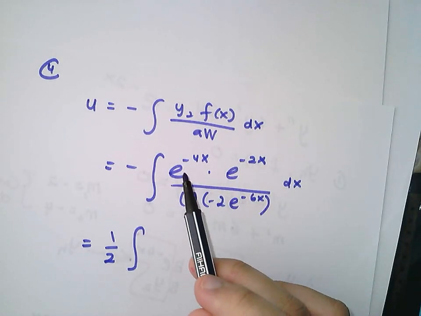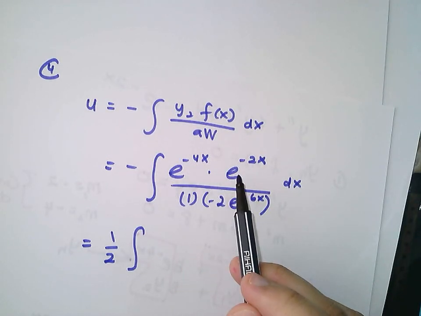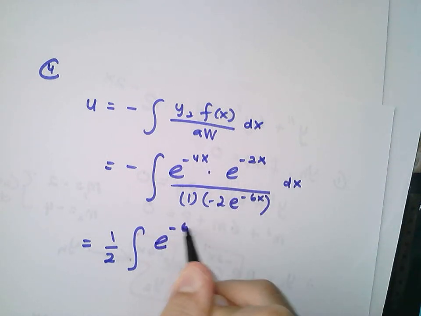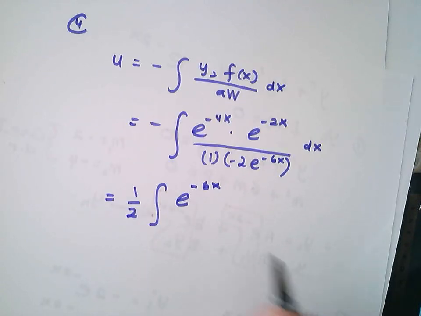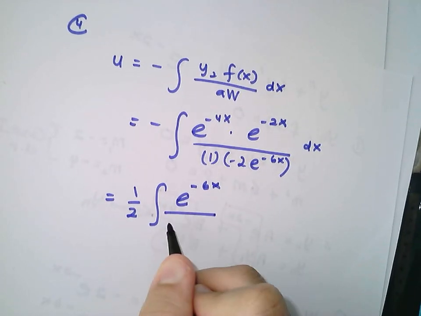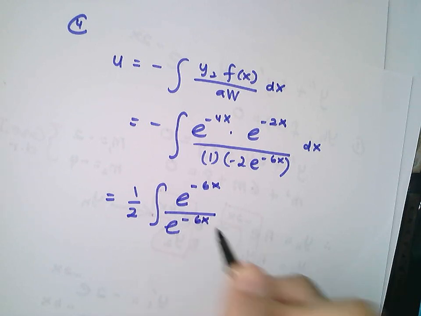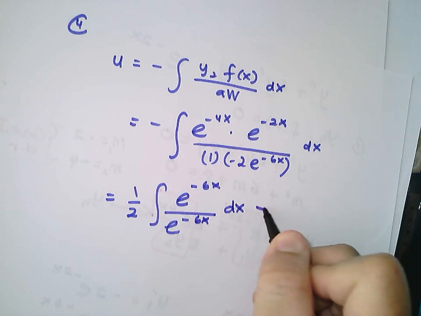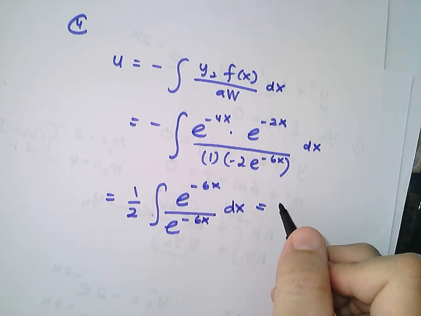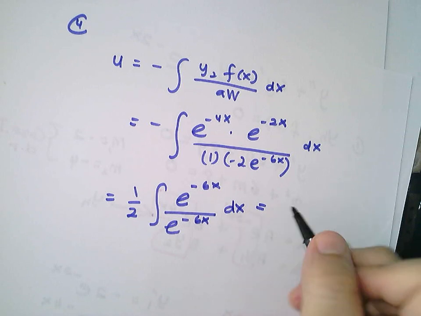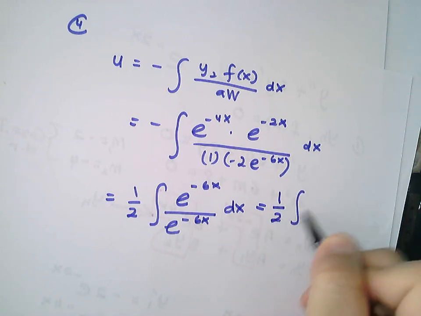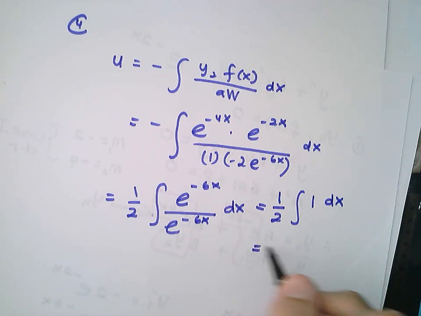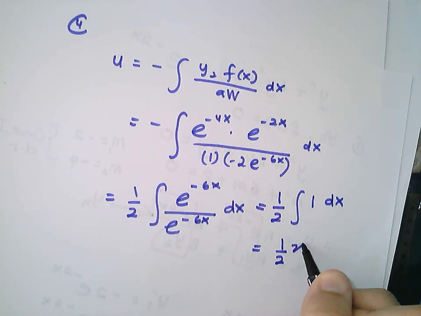When you have exponent times exponent, we add the power, so you will have exponent negative 6x. And for the denominator, you also have exponent negative 6x. So simplifying this will give you 1. Okay, not 0, this is 1. So you have to integrate 1 with respect to x. Therefore you will have 1 over 2 x.